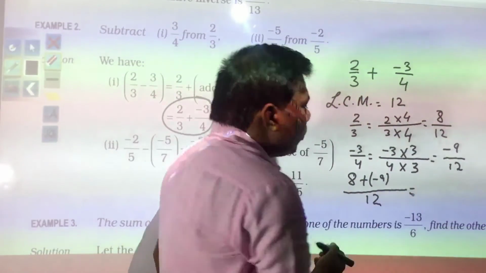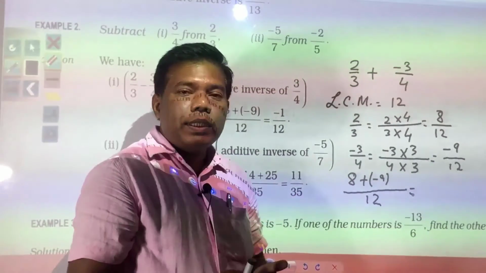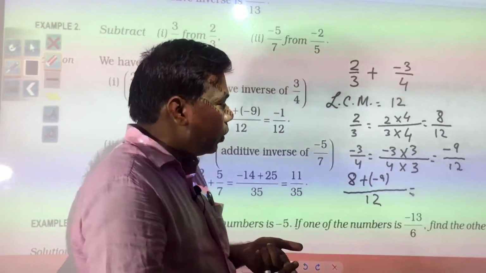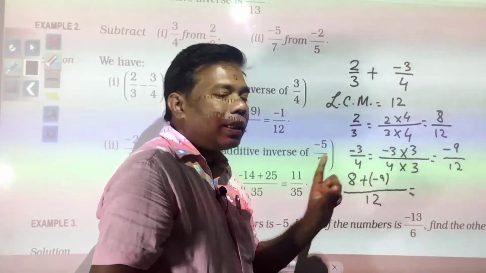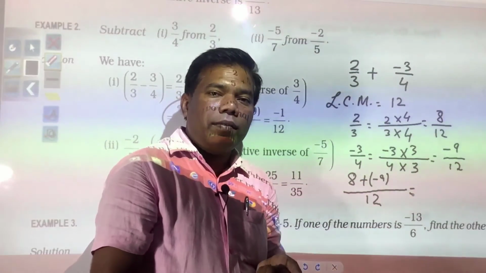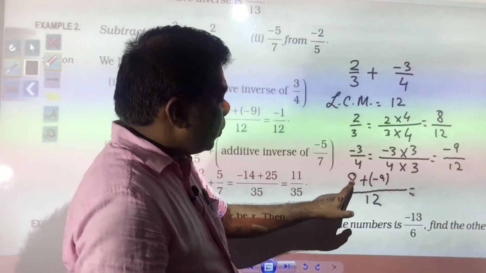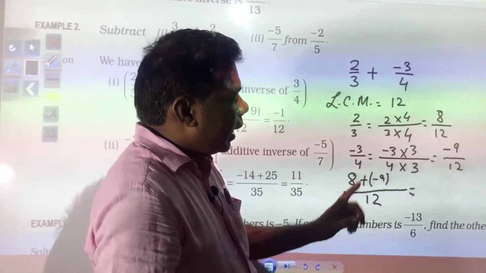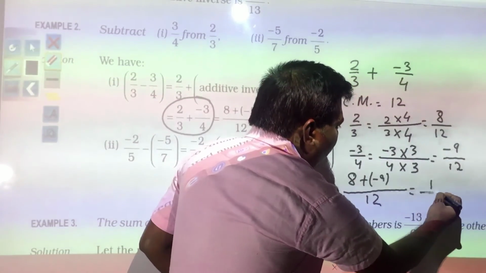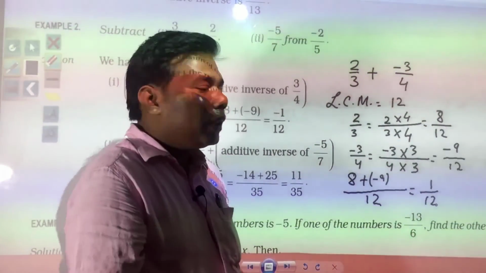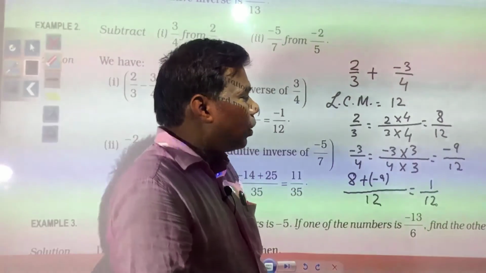What will we do? If two opposite signs are there, simply what is required to be done? The smaller number is required to be subtracted from the bigger number, irrespective of their sign. So, suppose you have 8 smaller number and 9 bigger number. So, we will subtract this, we will get 1 by 12. Now, we need to see which sign we will put over here, plus or minus.